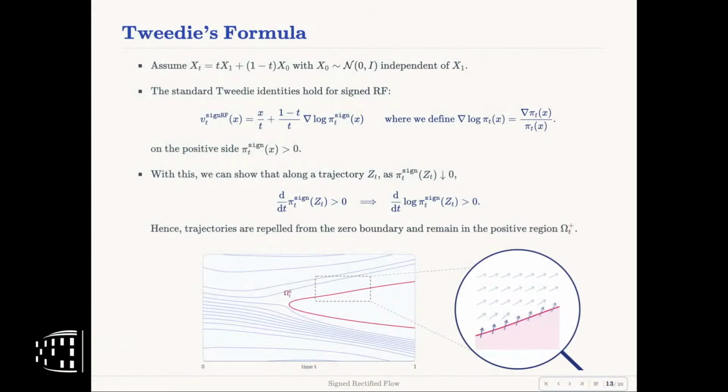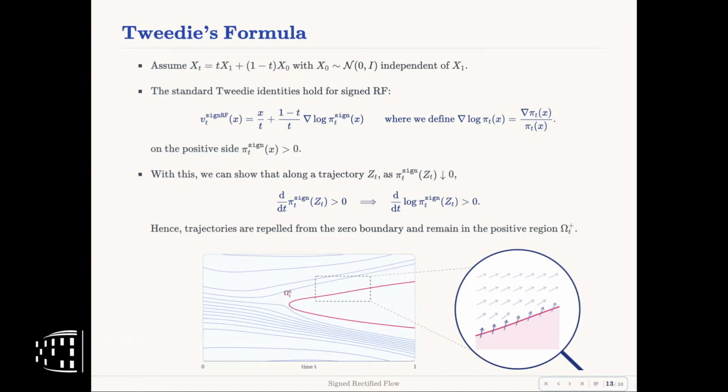Think about the simple, canonical case where you have the straight interpolation, x0 is standard Gaussian, and you have independent coupling. In this case, you can use Tweedie's formula. You can apply Tweedie's formula on both the positive and negative parts and then combine the formulation.